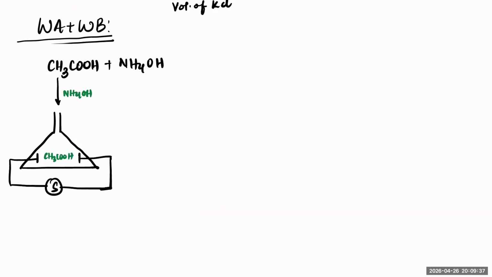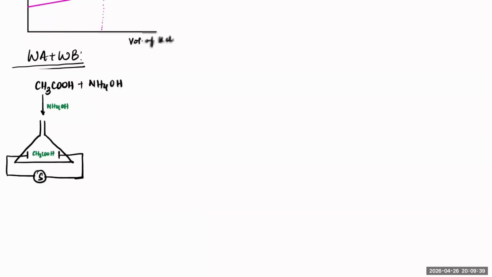Now, as you add these two, what is the reaction that will take place? Initially, CH3COOH was mildly ionized into CH3COO minus and H plus. As soon as you add NH4OH, initially it will consume this small amount of H plus and convert into NH4 plus plus H2O.